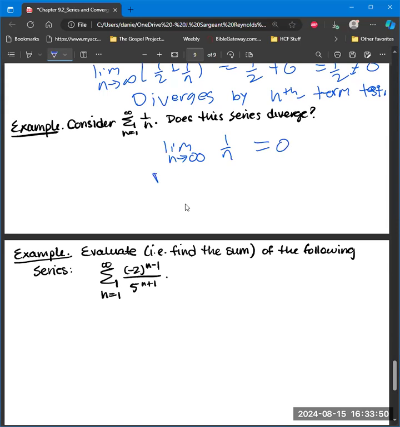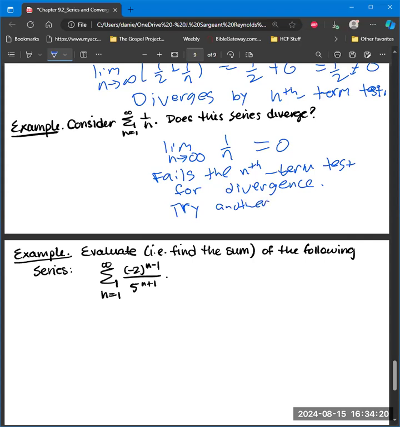So it fails the nth term test for divergence, and we're going to need to try another test.